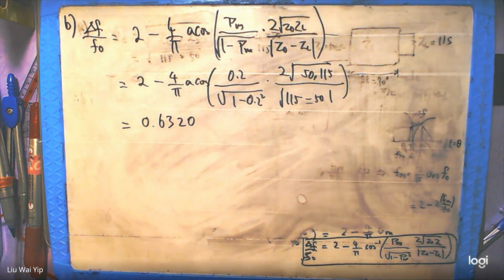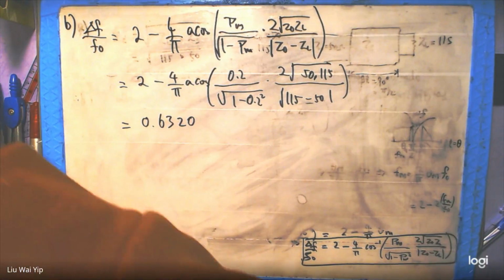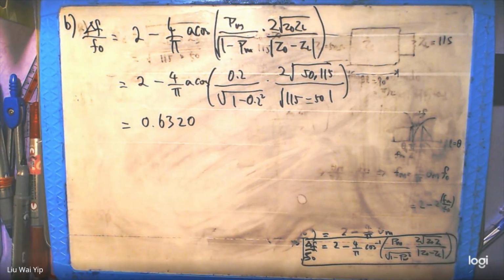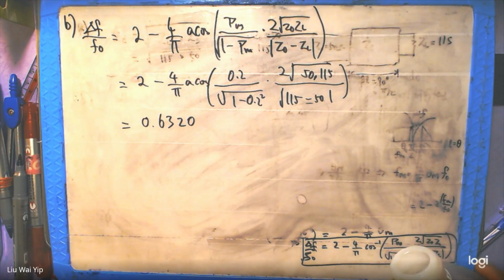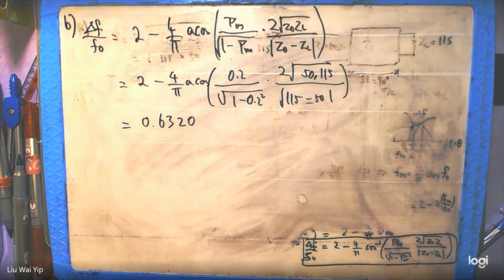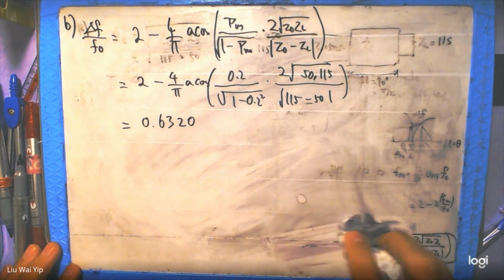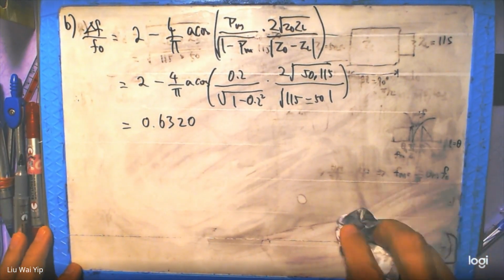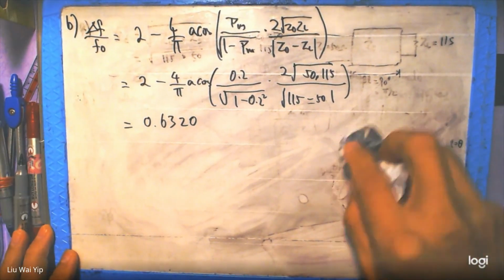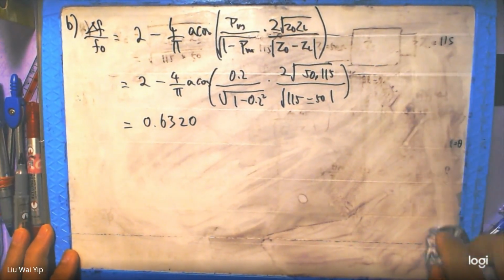Part C is tricky, but actually, if you know the formula, it is very easy and surprisingly easy. I can tell you the formula without going through the lecture slides.